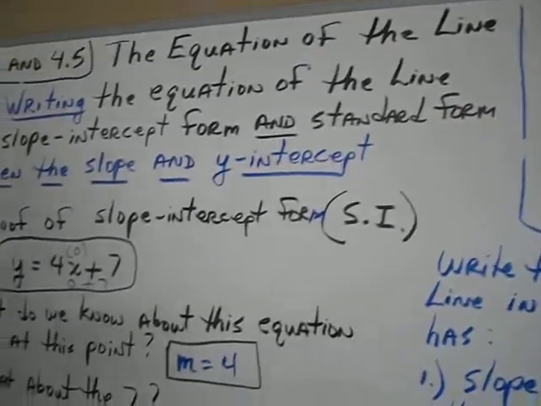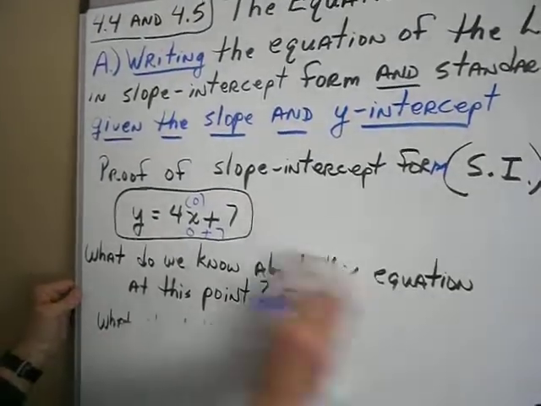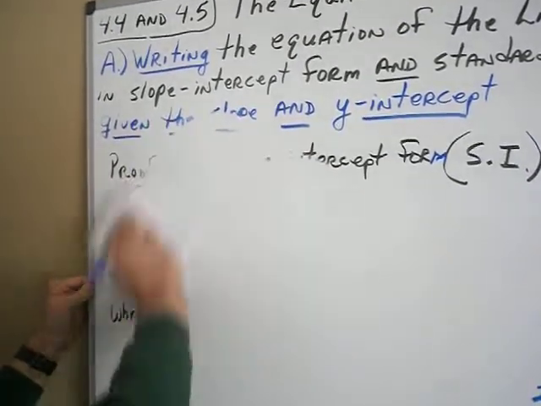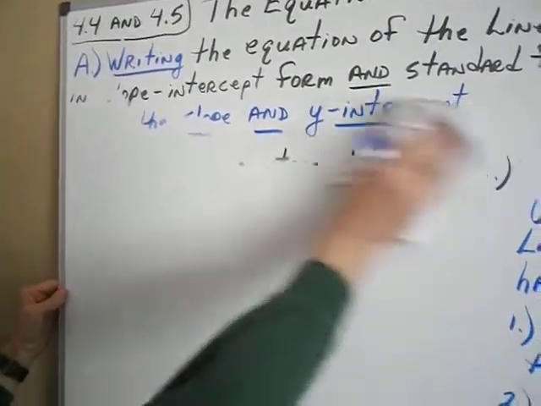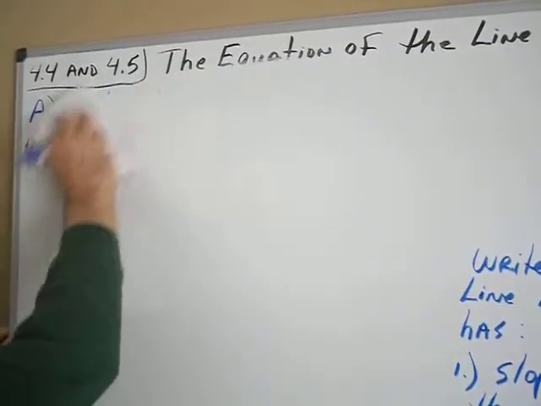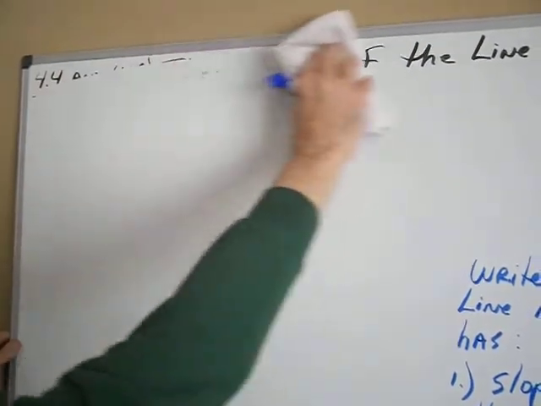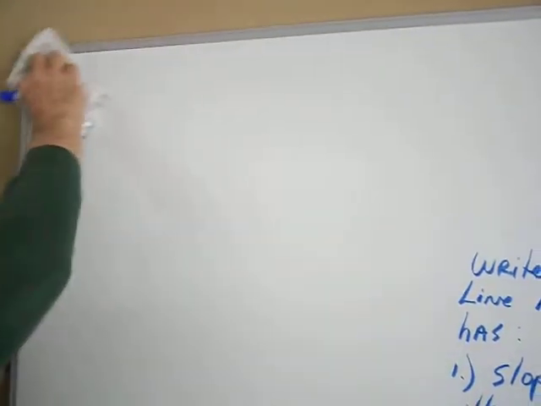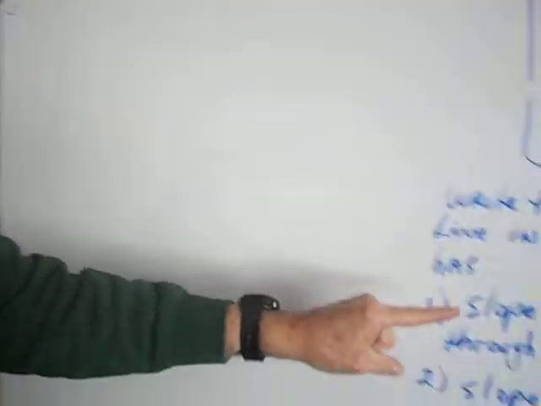So we're going to do these three problems that are right up here, and we're going to write the equations in not only slope-intercept form, but in standard form. And we're going to start with number 1 right here.